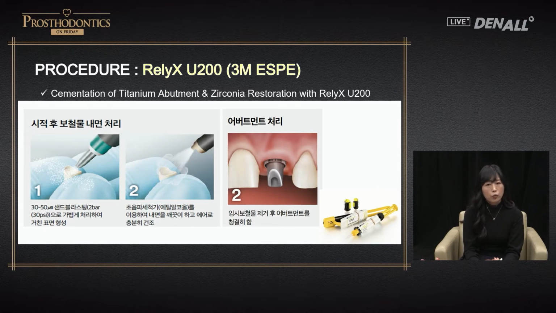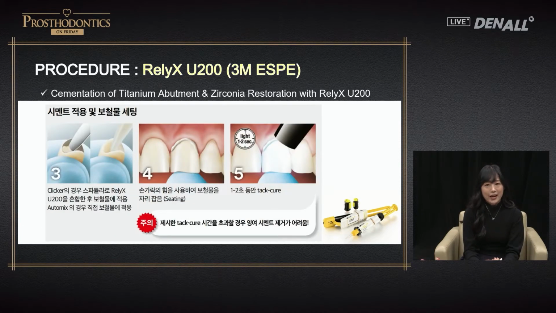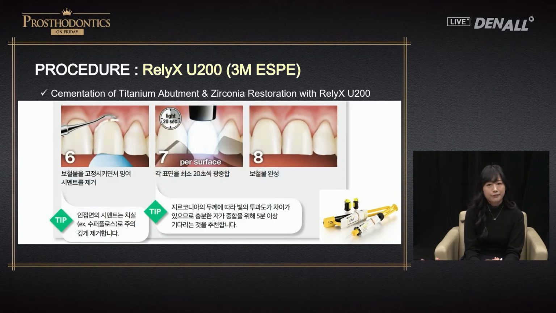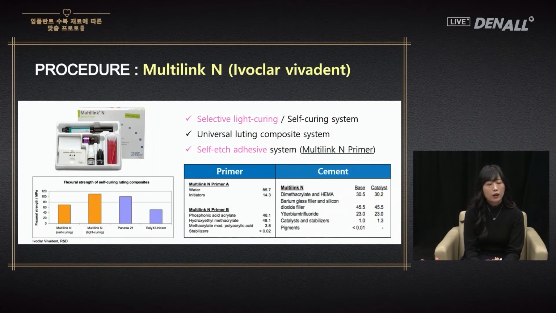If necessary, a surface treating agent is applied to the restoration and abutment. RelyX U200 is mixed and applied to the restoration. Once it is placed, tack curing is done for each area and excess cement is removed. Once it is set, check the margin and occlusion and do final polishing.